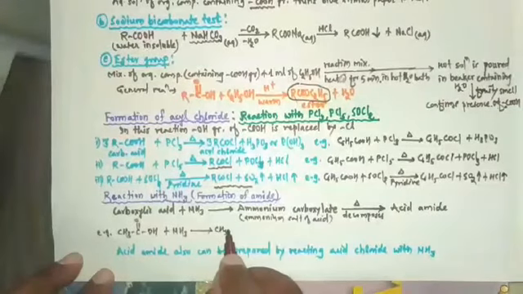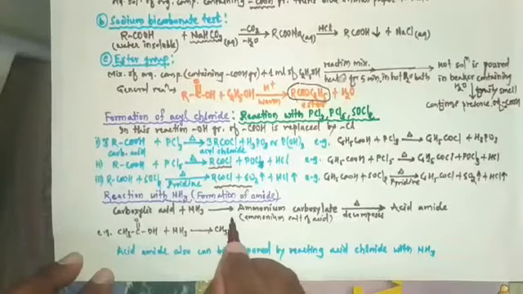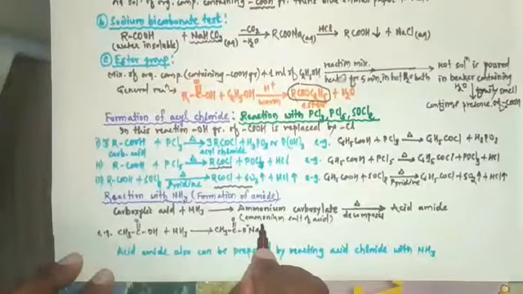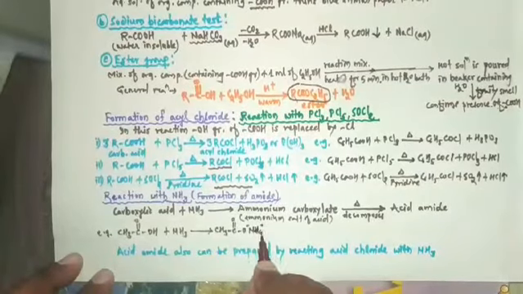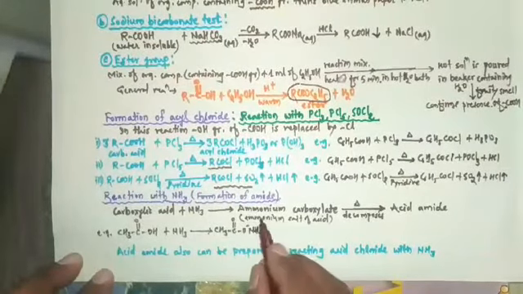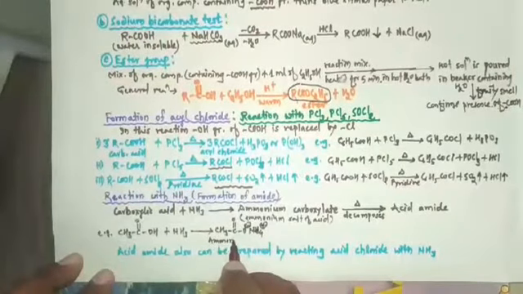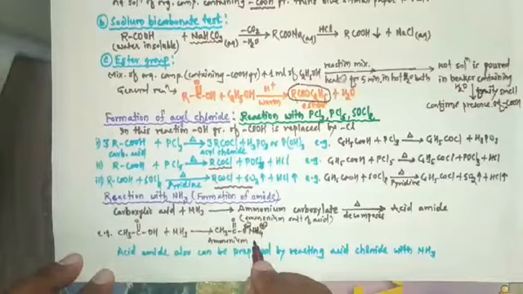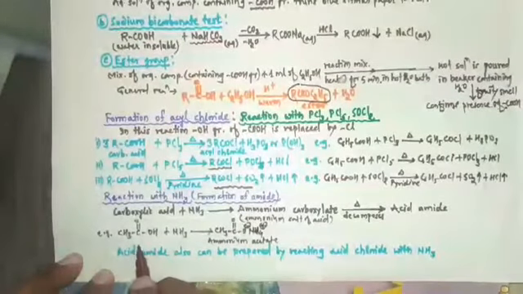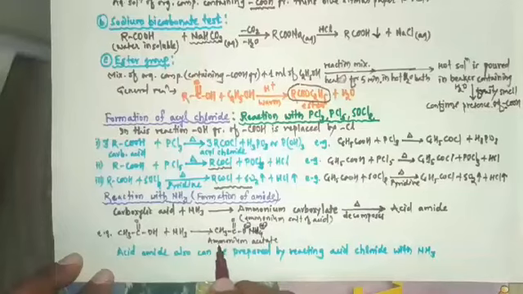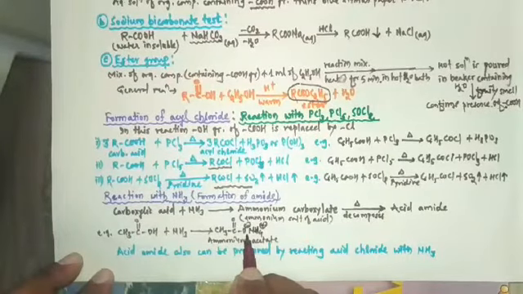So here CH3, C double bond O, O minus and NH4 plus. NH4 has the positive charge. So this salt is formed, and its name is ammonium acetate. So acetic acid on reacting with ammonia gives a salt, and that salt is ammonium acetate.